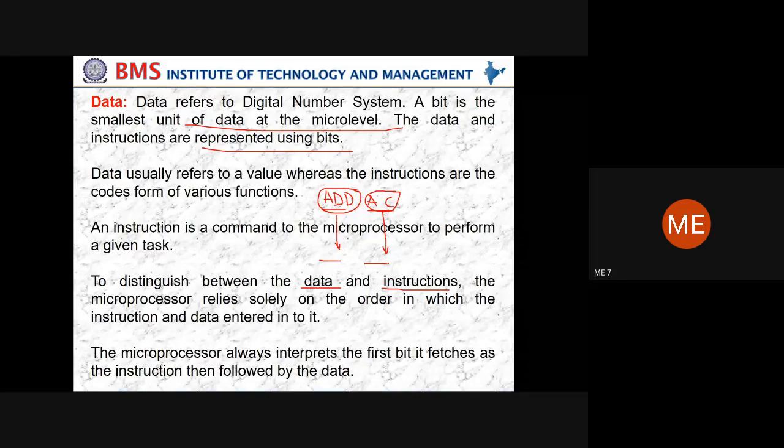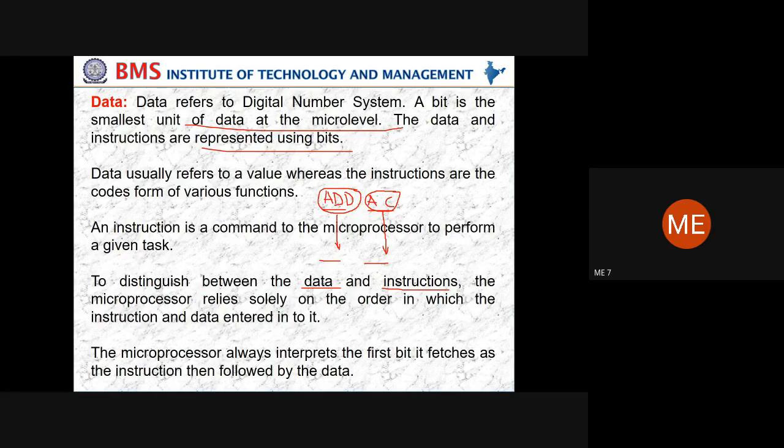This is important, to distinguish between data and instructions. The microprocessor relies solely on the order in which the instruction and data enter it.